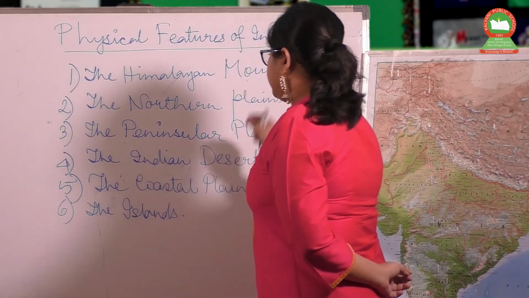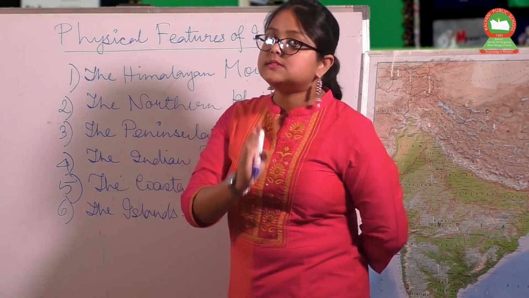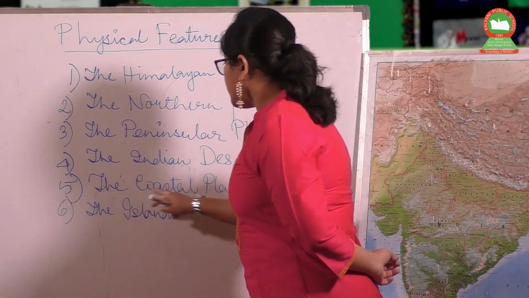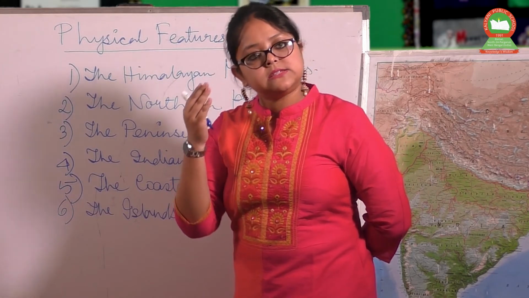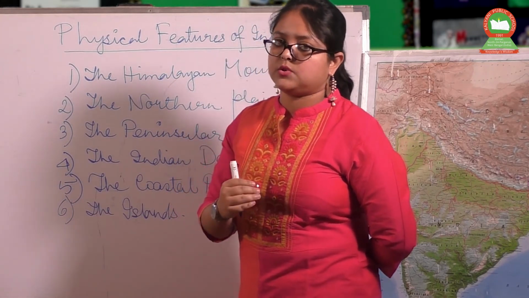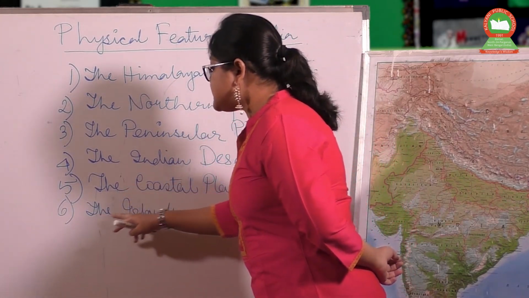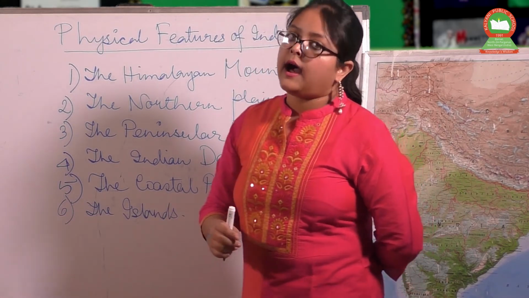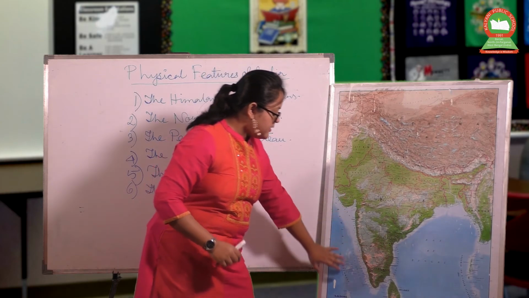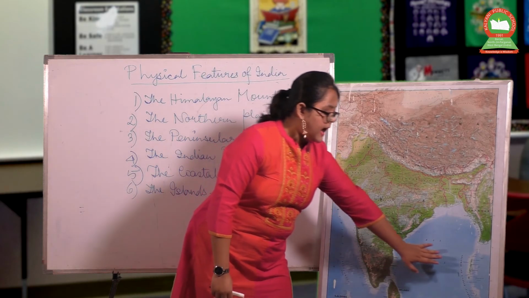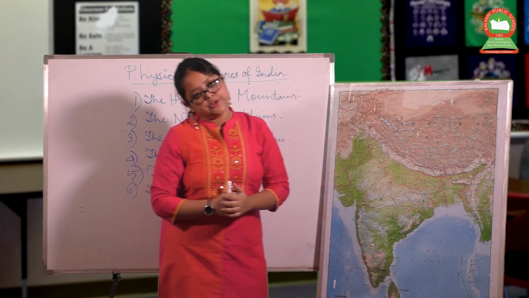The Indian desert is on the western side of India, and the coastal plain is of 2 types, the eastern coastal plain and the western coastal plain. The sixth one will be the islands, that is the Lakshadweep Islands and the Andaman and Nicobar Islands.